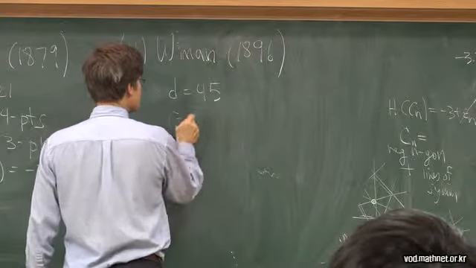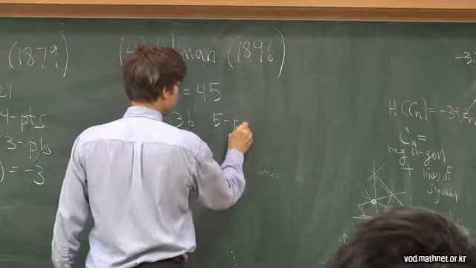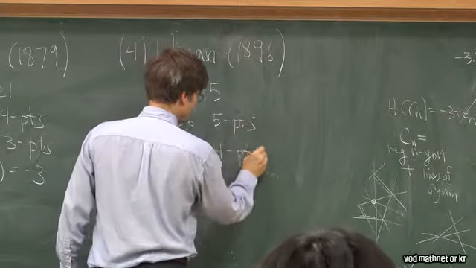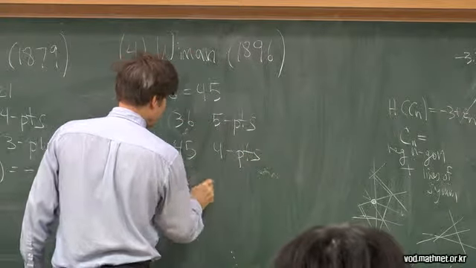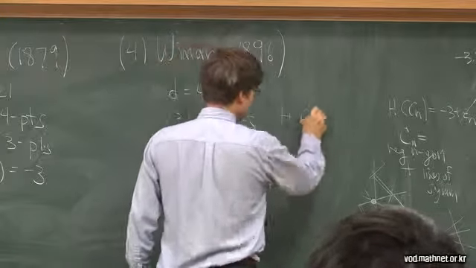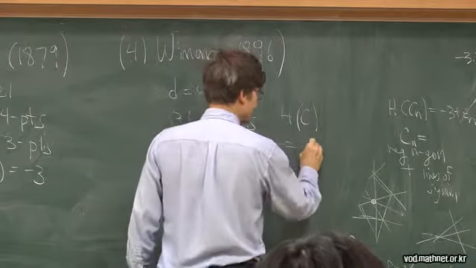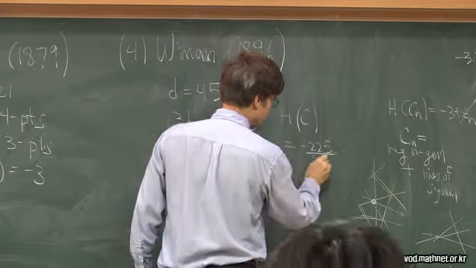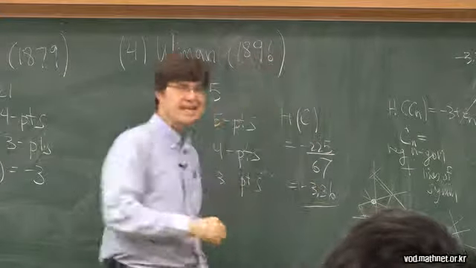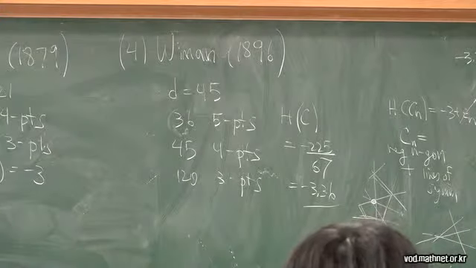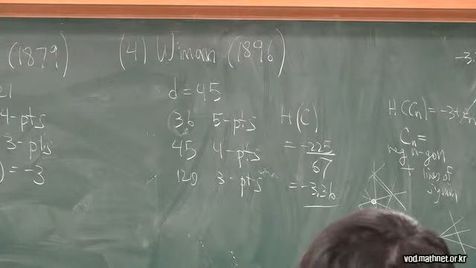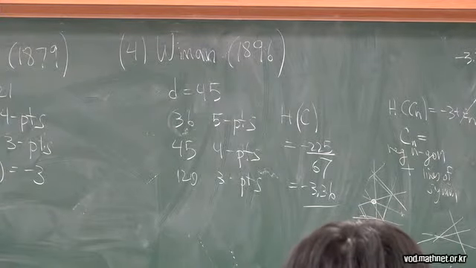There are 36 points of multiplicity 5, 45 points of multiplicity 4, and 120 points of multiplicity 3. And the h constant is -225 over 67. And that is the most negative example that we've been able to come up with. We haven't found anything more negative than that.